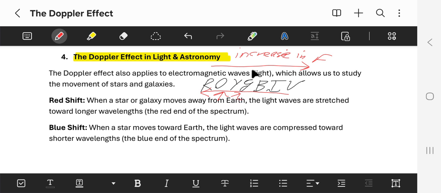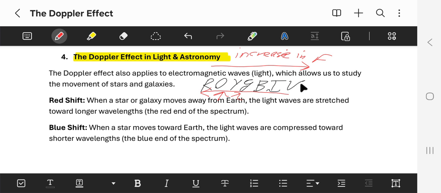If we remember, guys, the relationship between frequency and wavelength, we said that they are inversely proportional. So if we are moving from red to violet, the frequency is increasing, and that means the wavelength should be decreasing. So if we ask ourselves, from these colors, which one has the highest frequency?